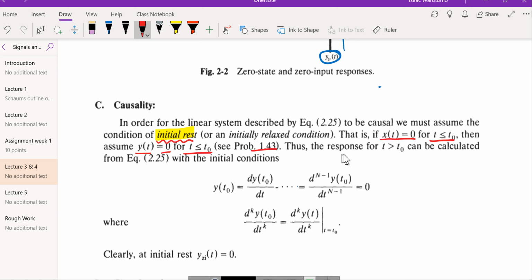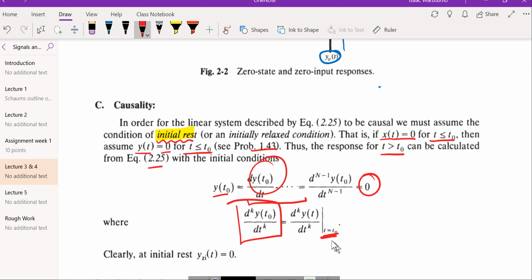And therefore, the response for t bigger than t naught can be calculated from that equation with the initial conditions, whereby we set that y of t and its derivatives are equal to 0 at time t equal to t naught.